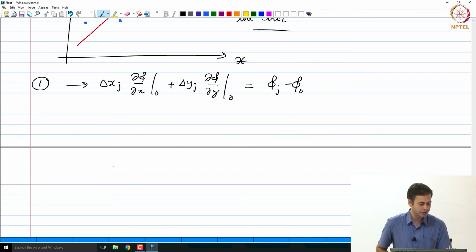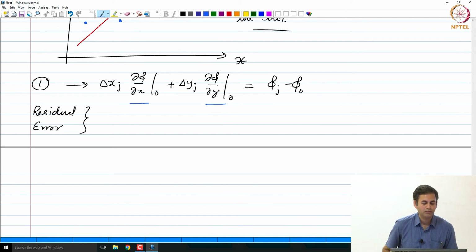I can rewrite this equation to calculate the residual, or the error. If you know partial phi partial x and partial phi partial y at 0 correctly, this equation will be balanced, and if it is not the correct value, it will not be balanced, there will be some error. Phi j minus phi 0 would be different from what you get on the left hand side, depending on how well you calculate these gradients.